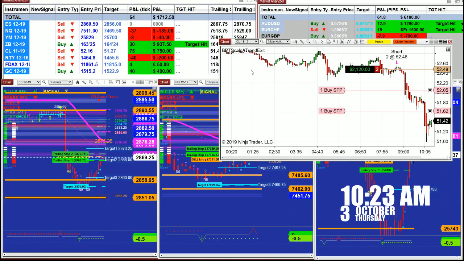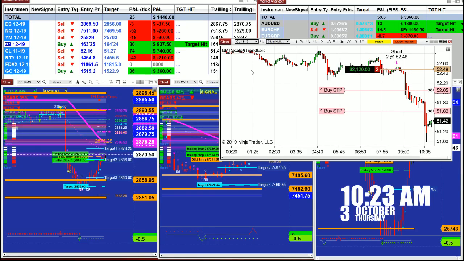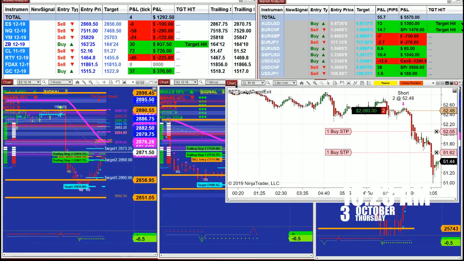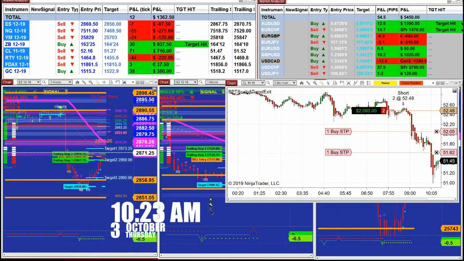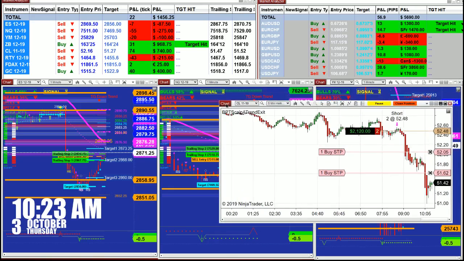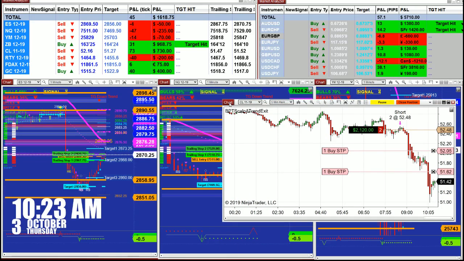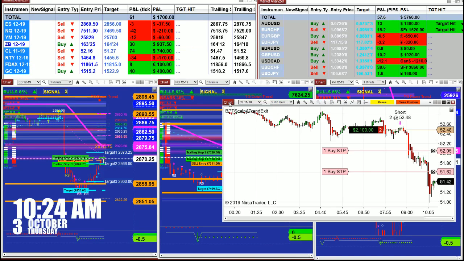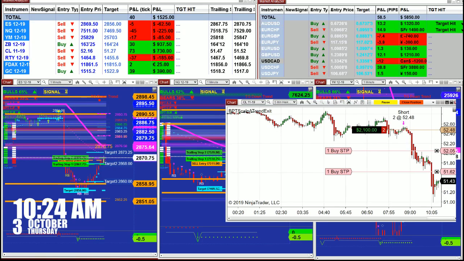So if one of our members has the zone on the auto trades, then you can put them on the zone or support or resistance. And let's watch this one here. The minute it hits this stop loss, it is going to disarm the auto trade. So I'm going to leave it showing it to you.